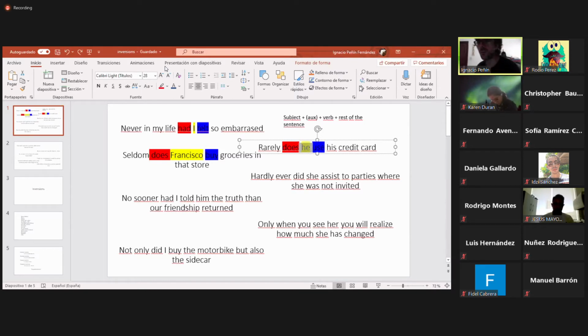Okay? And we can see that in all the sentences we have here. Can you explain the meaning of all these sentences, but in a usual structure? Can you rewrite this with a usual structure? For example, never in my life had I felt so embarrassed.